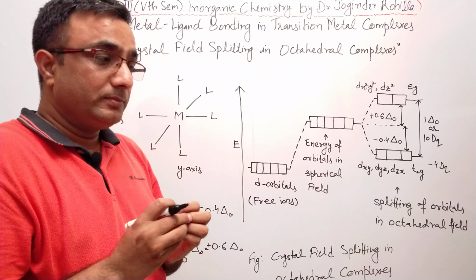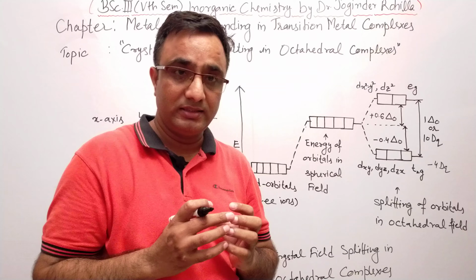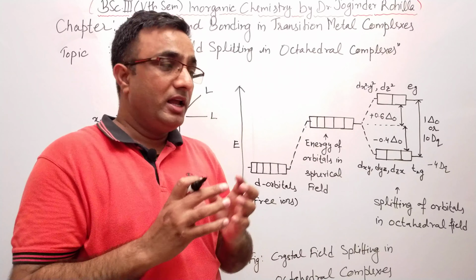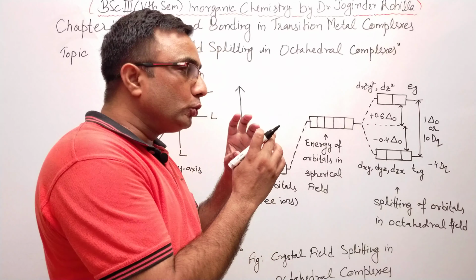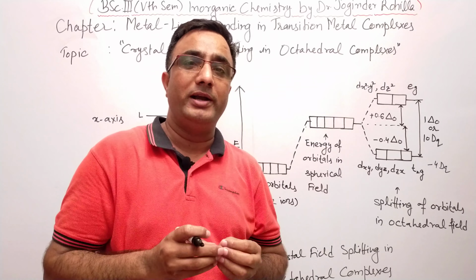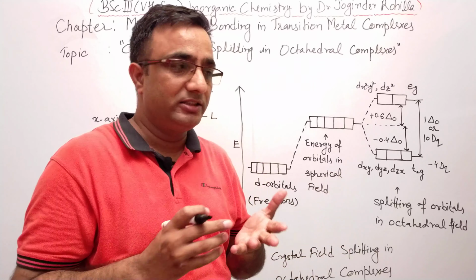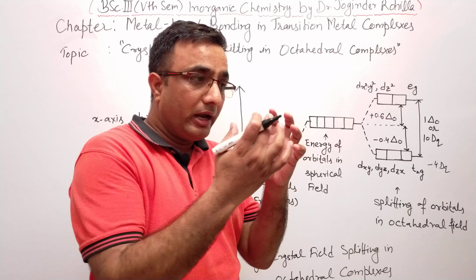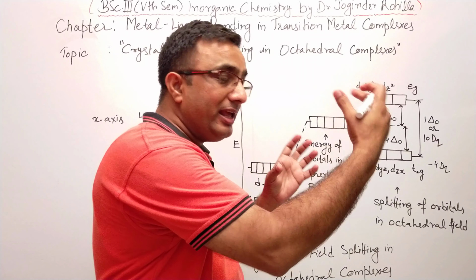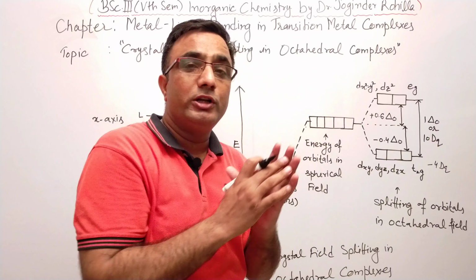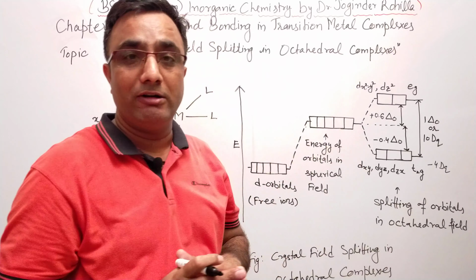So dear students, when a particular metal ion is present in an octahedral complex, 6 ligands are present. Due to the presence of 6 ligands and due to different orientations of the d orbitals, whether dxy, dyz, dzx, dx square minus y square or dz square, and depending on the particular geometry, the degenerate d orbitals get further split into two energy levels.